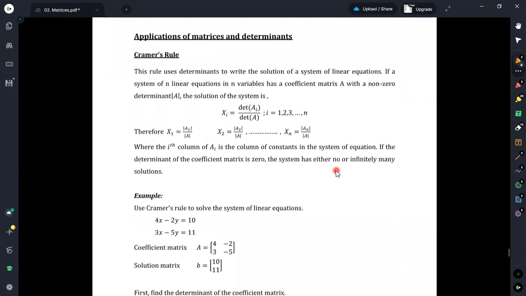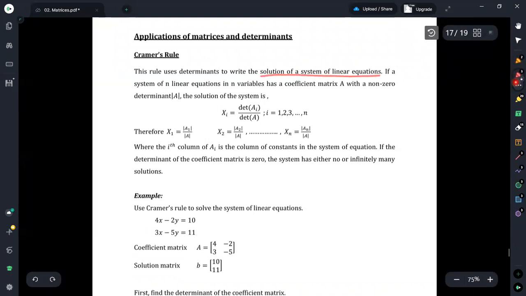We can use Cramer's rule to find the solutions for a system of linear equations. Suppose you have n linear equations, then we should be able to identify n solutions.